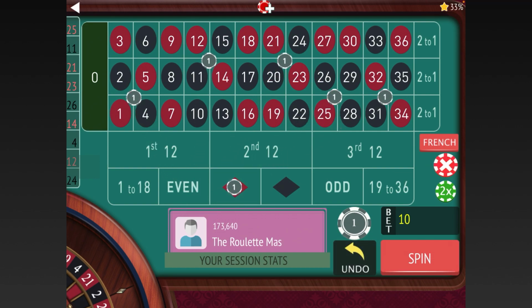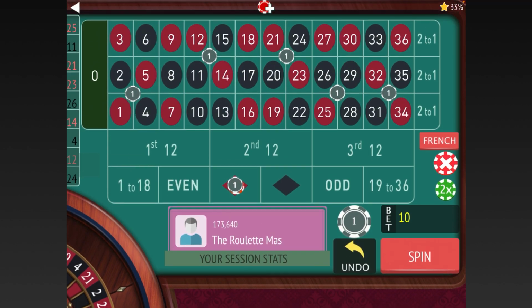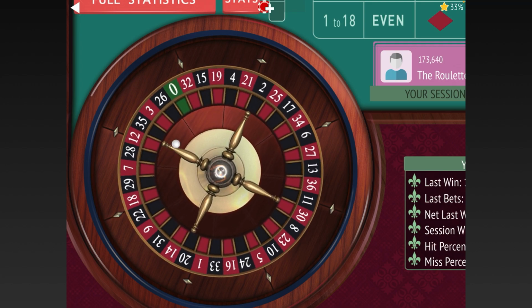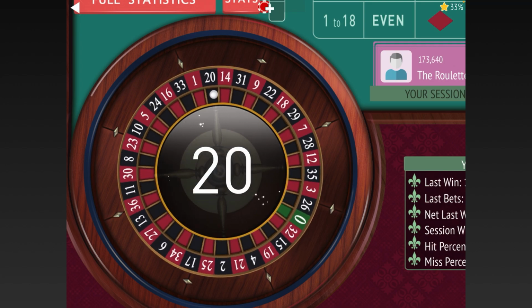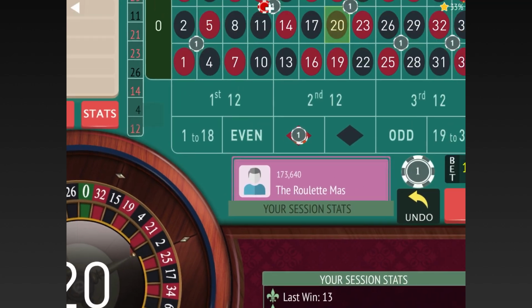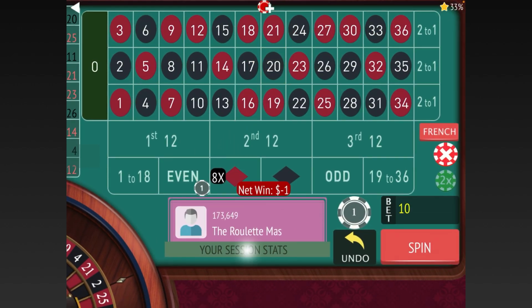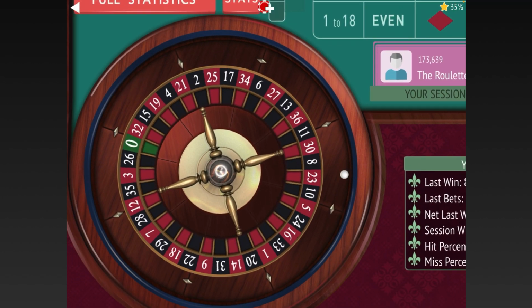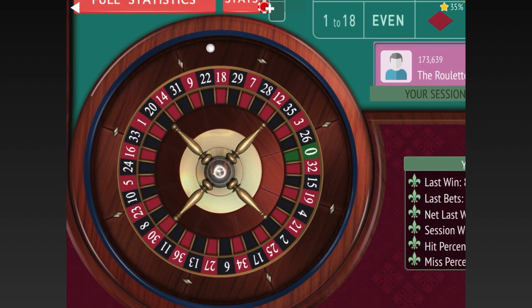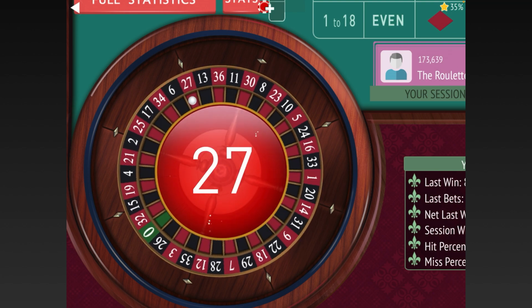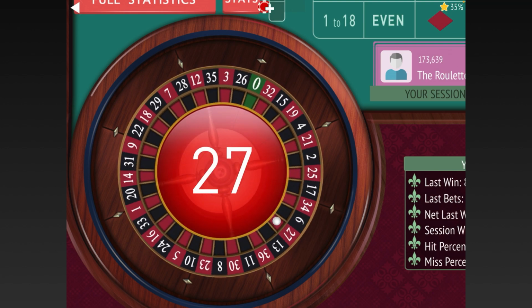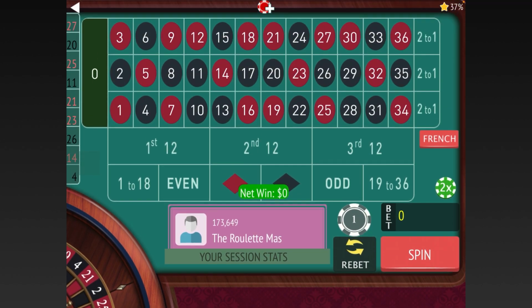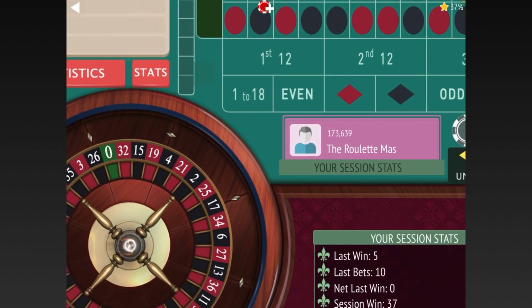We can't go any lower than that, so we just rebet. Okay, partial loss there, so we just rebet. $27. It's a break even, so we just rebet.